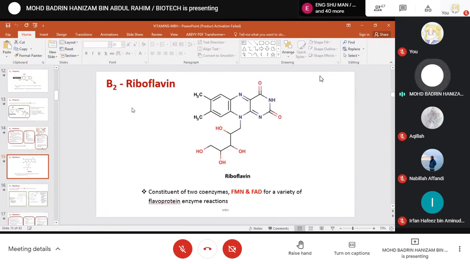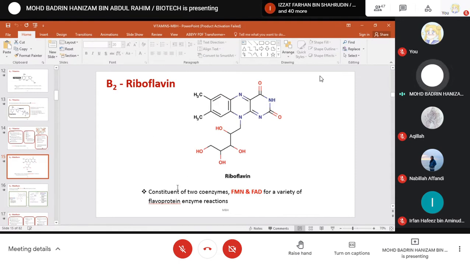All right, next one, riboflavin. This is the chemical structure of riboflavin, vitamin B2. Before this, maybe you only knew vitamin B1, vitamin B2, but now you need to start calling them by their proper names, riboflavin for vitamin B2.